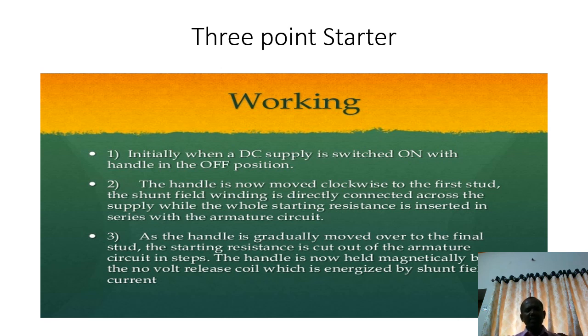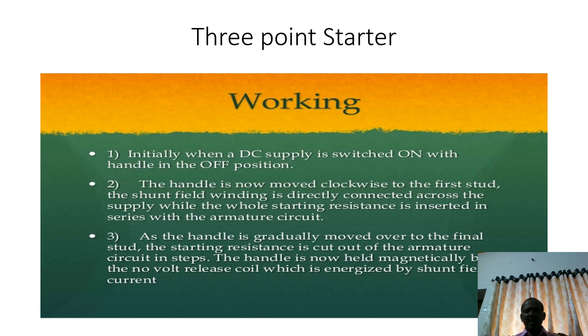Initially, when the DC supply is switched on with the handle in the up position, the handle is moved clockwise to the first stud. The shunt field winding is directly connected across the supply, while the whole starting resistance is inserted in series with the armature circuit.